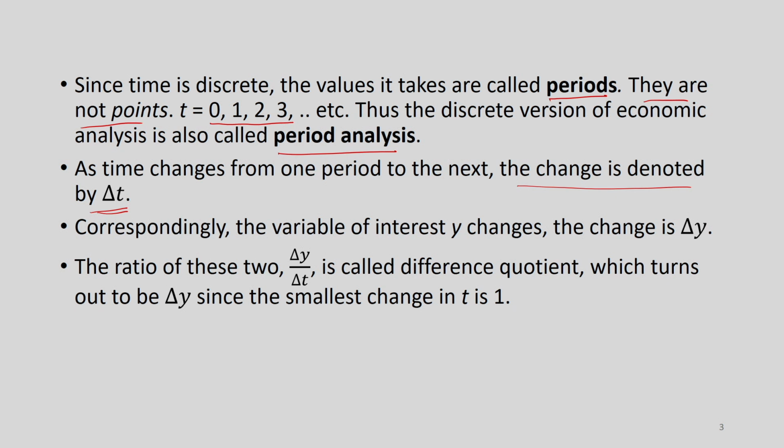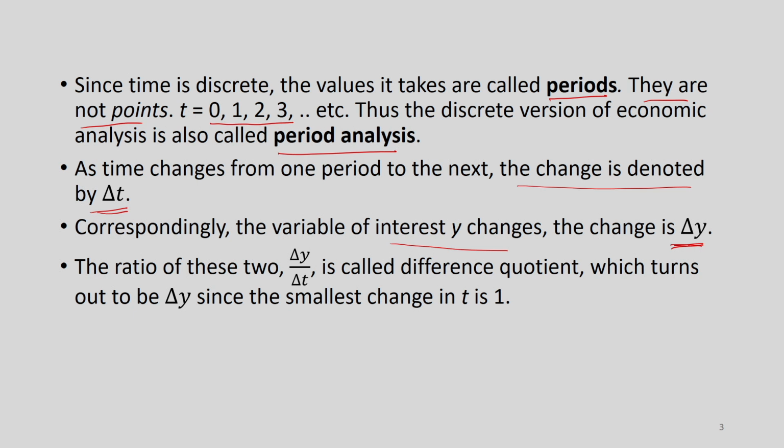Correspondingly, the variable of interest y also changes, and that change, let us suppose, is given by delta y, to maintain consistency. Since change in time is denoted by delta t, the change in, let us suppose, the GDP is also denoted by delta y.